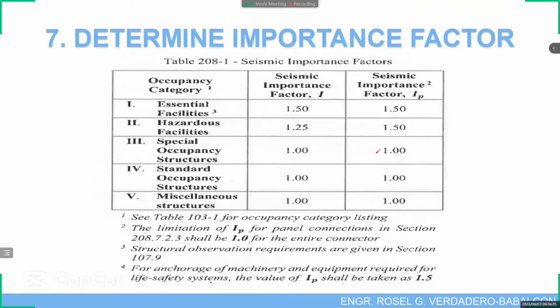So the connections are more rigid. That is the effect of increasing the amount of shear by 50% using the importance factor for essential facilities, to add strength to our structure.